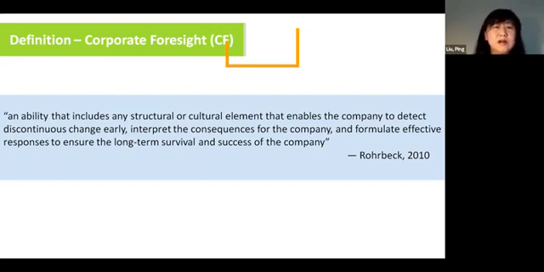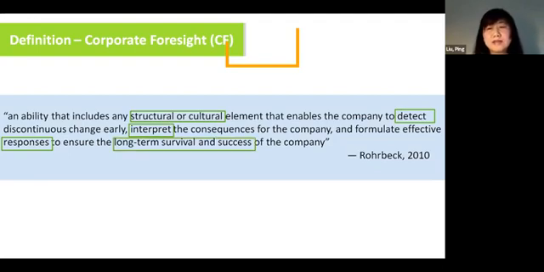From this long definition, we can find the keywords: it is mainly about the structural and cultural abilities of a company. And the way to realize it is to detect, interpret, and respond to the disruptive changes. And the purpose is to ensure the long-term survival and success.